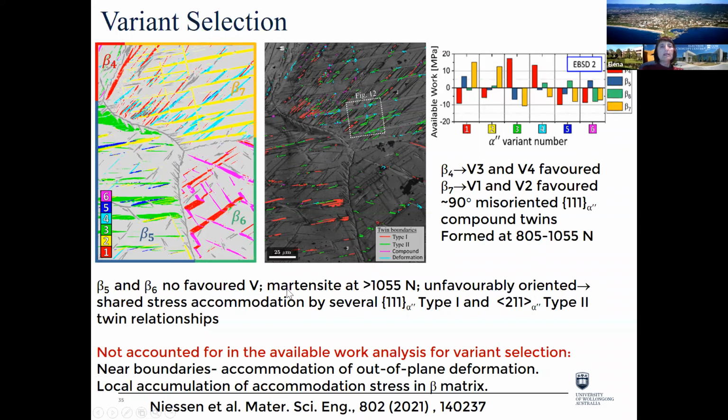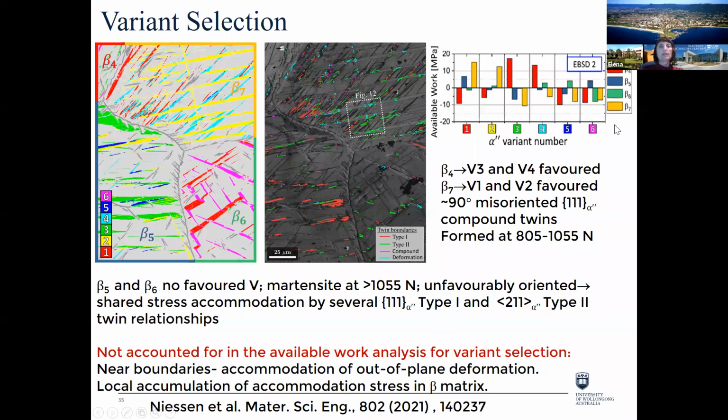Typically there was no favored variant, and Martensite formation started at much higher loads. We think that these grains were less favorably oriented to the deformation. This is why the accommodation of deformation started at higher levels and was shared by several 1-1-1 type 1 and 2-1-1 type 2 twin relationships.